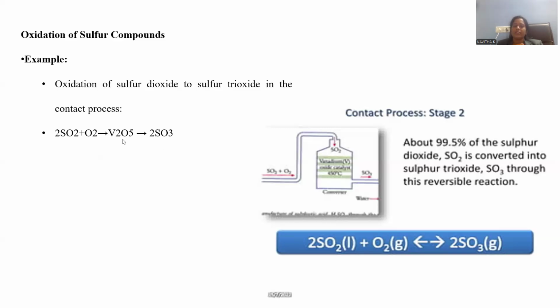So this is the way the oxidation is carried out by the catalytic oxidation of sulfur dioxide in order to obtain sulfur trioxide. This is carried out in the contact process. Further, this sulfur trioxide will be hydrolyzed in order to achieve sulfuric acid. This is the way oxidation of sulfur is a requirement in the contact process, to convert sulfur dioxide into sulfur trioxide. This is also a kind of application of oxygen induced oxidation.